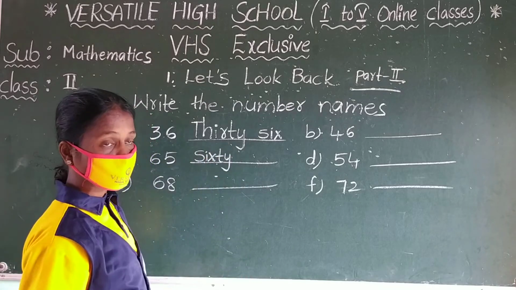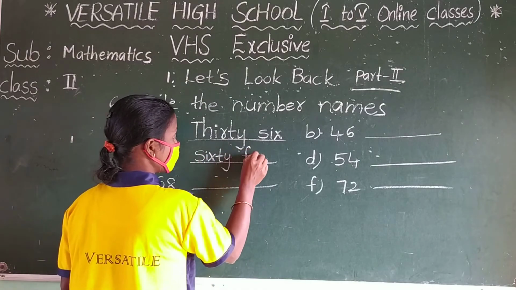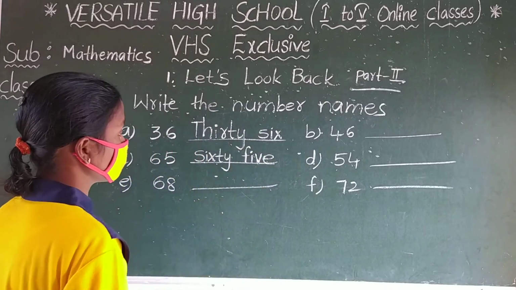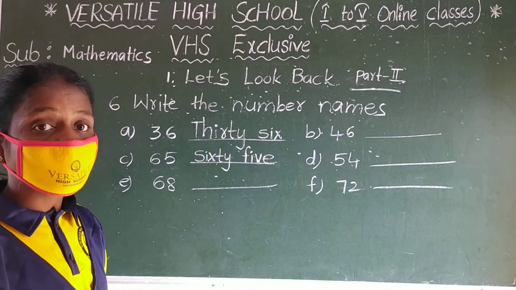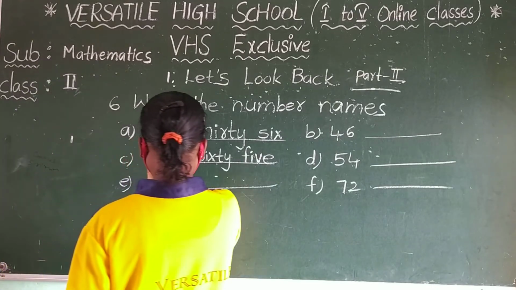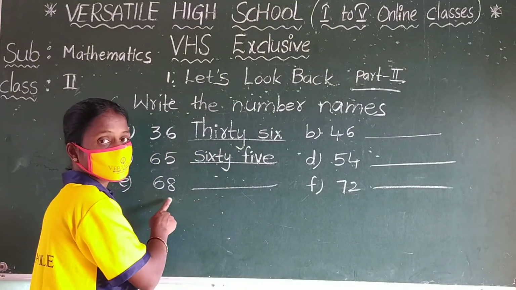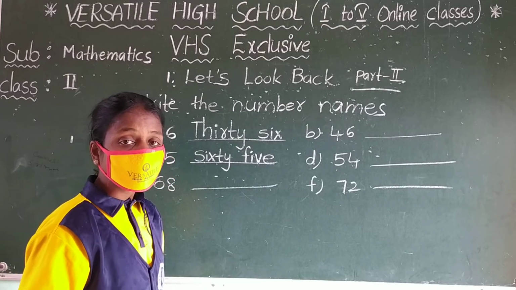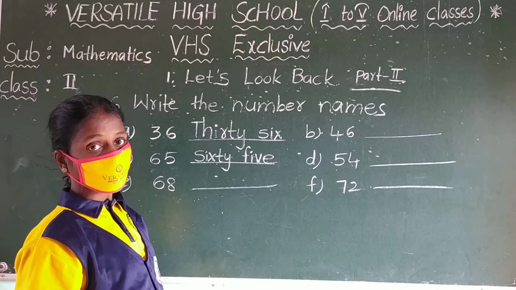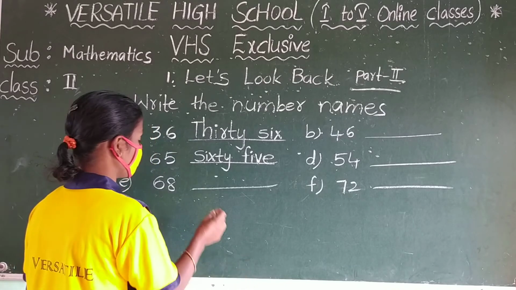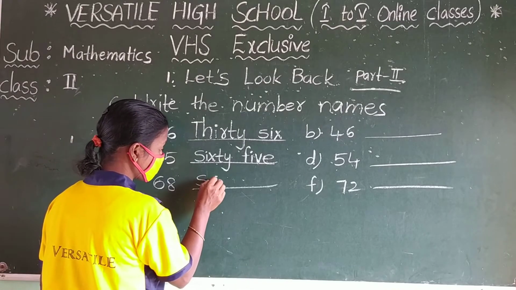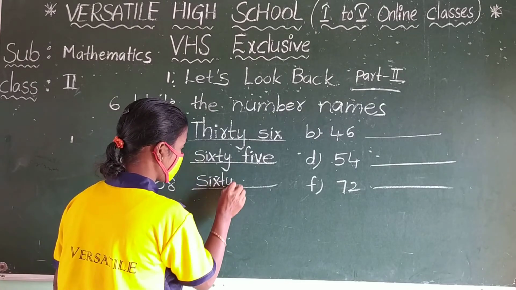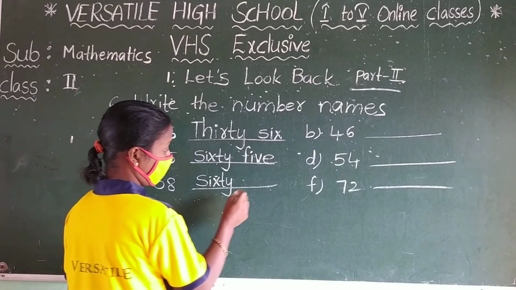Sixty, 60, and five, five. Sixty-five. Now we go to 68. How do you write 68? What is the spelling of 60? S-I-X-T-Y, sixty, and then eight.